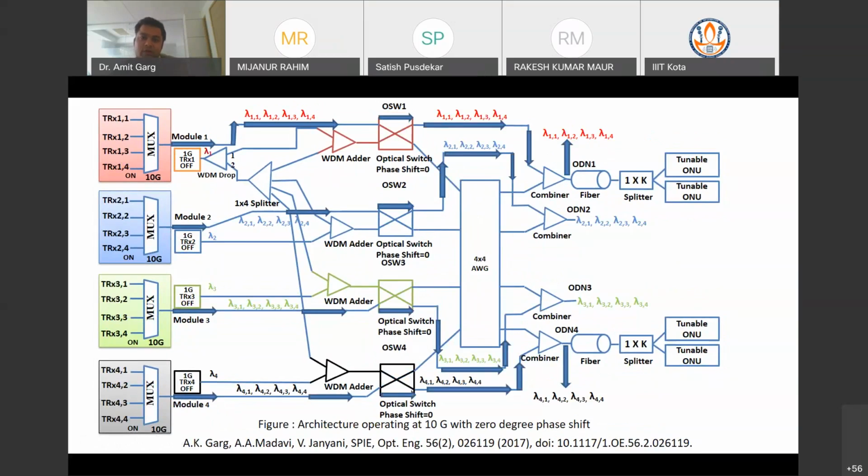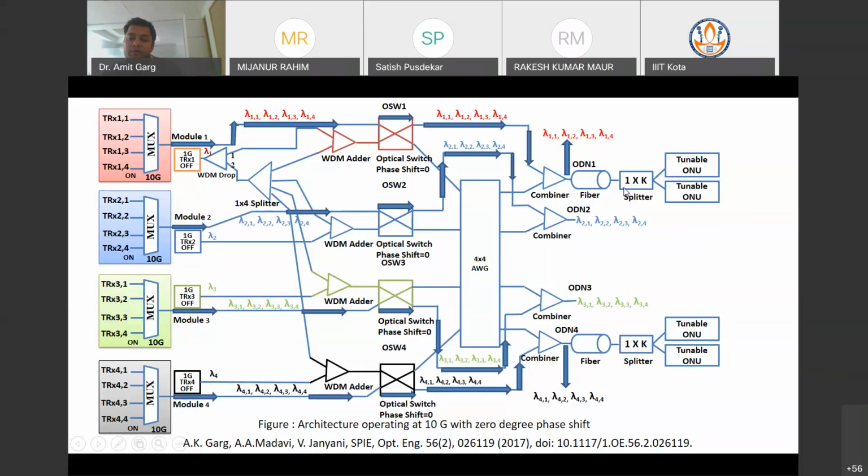Yes, and suppose at some particular instant of time, optical distribution networks 2, 3, and 4 are not utilizing any service, and this optical distribution network 1 is only availing the services and has grown.